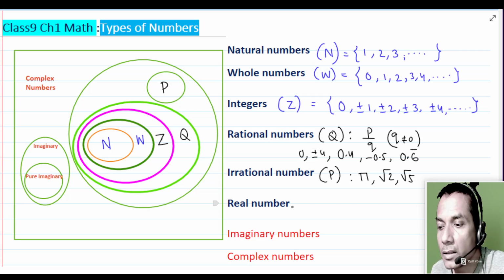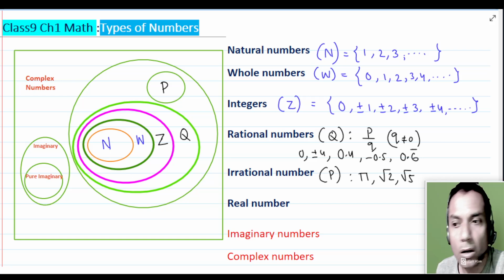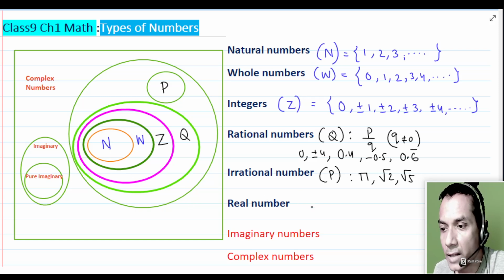And next is the real number. So what are real numbers? Real numbers include all rational numbers and irrational numbers. Clear? And it is represented by R. This is the real number.